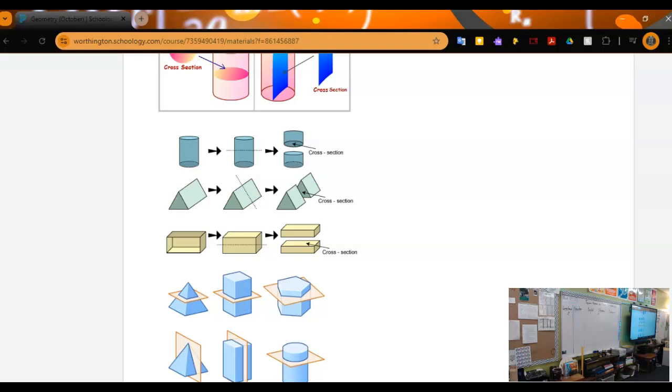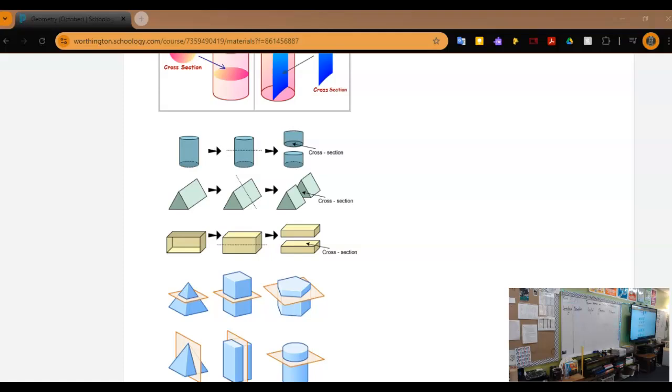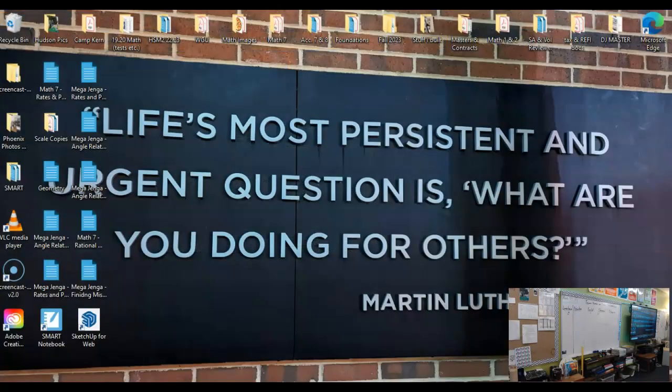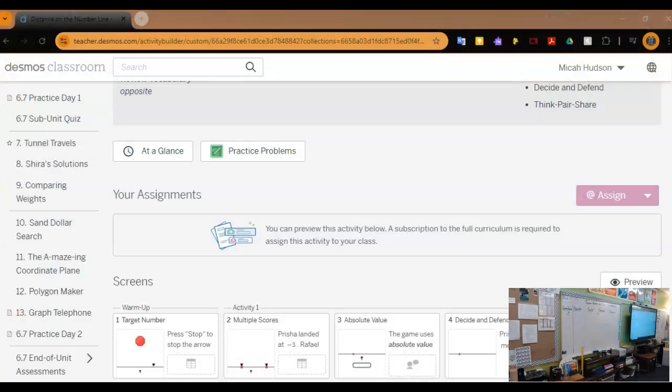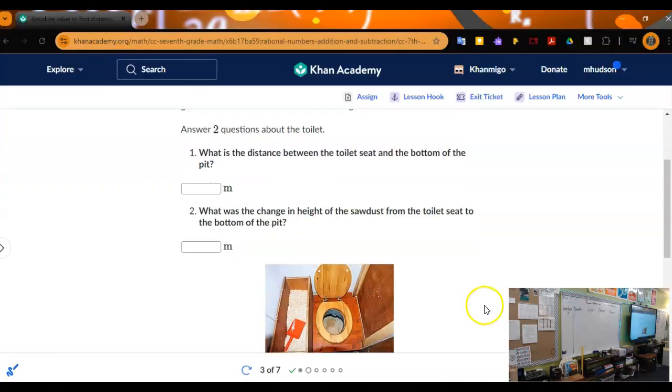All right, I wanna tease a little bit here. Did I leave it open? That's the question. Oh, I have so many tabs. Guys, don't be like me. I don't know if I left it open. I don't know if I'll be able to find it quick enough. I did not plan on doing this today. That's why. All right, here's our Math 7 problem about a composting toilet.